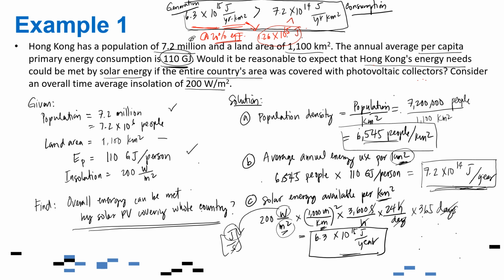So at least in this example problem, it shows that by covering the entire country with solar PV, it is possible to provide the needed consumption for 7.2 million people in that specific area. So that's going to be our answer. The answer is it's possible to provide this.